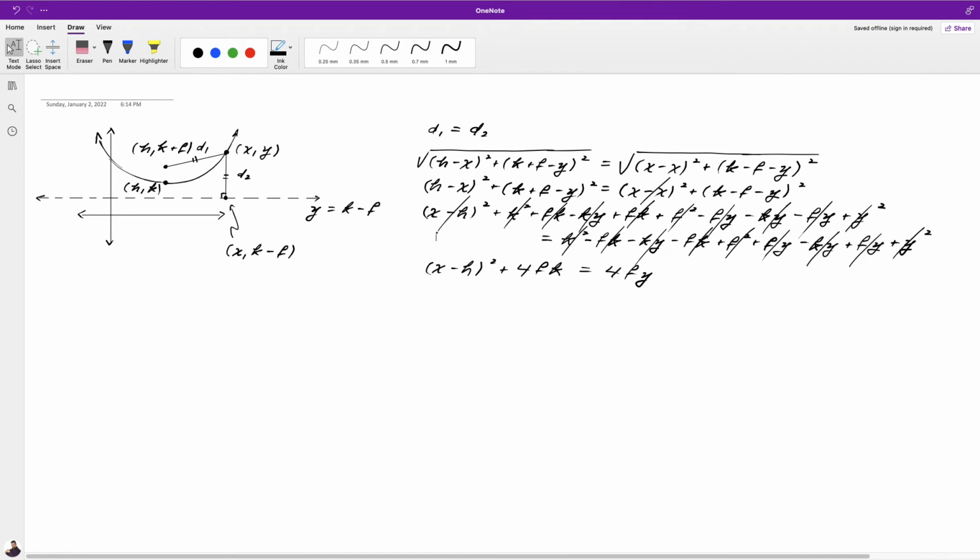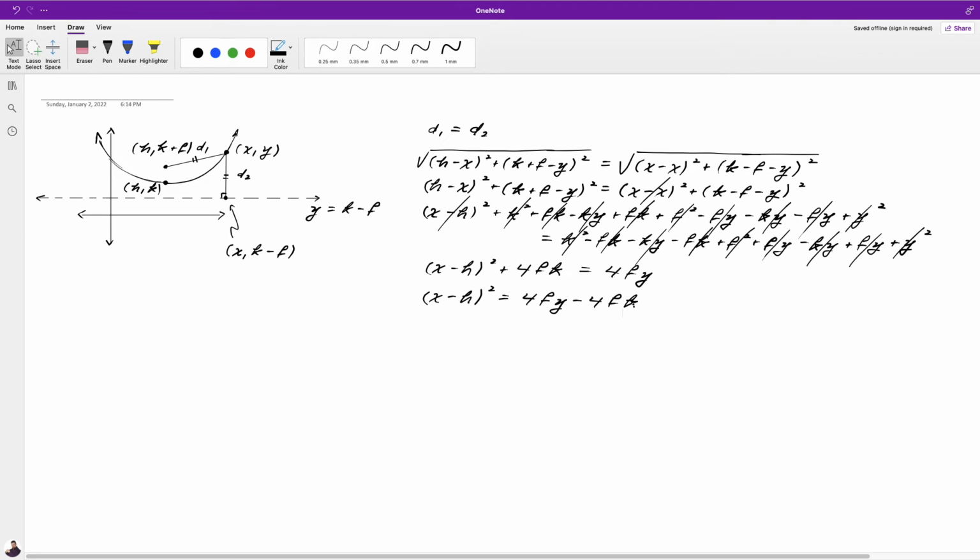Much, much easier to look at this. Let's go ahead and subtract 4fk over to the right-hand side. So we're going to have x minus h, all quantity squared, is equal to 4fy minus 4fk.